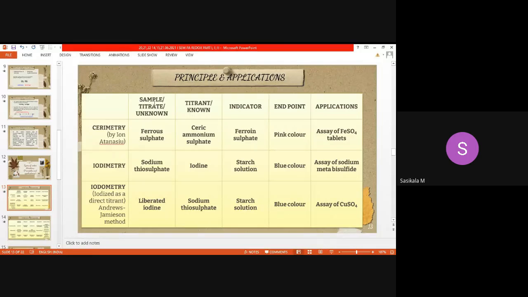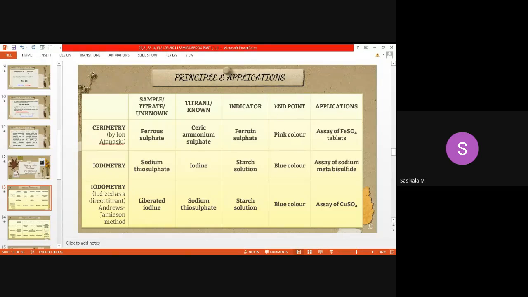Titrate is what is unknown, to be determined. Unknown concentration of that particular sample is to be determined, and the known, standard concentration is used to determine the sample, that is the titrant. Then the indicator will indicate completion of the reaction between titrate and titrant. That is the indicator solutions, the reagent method.